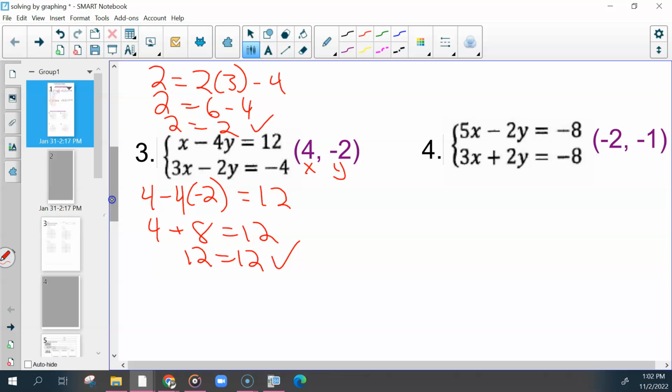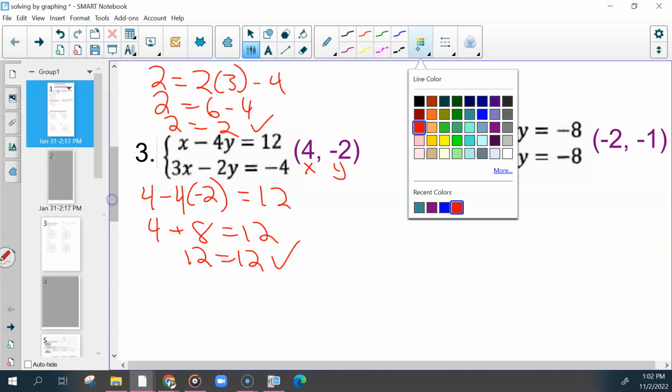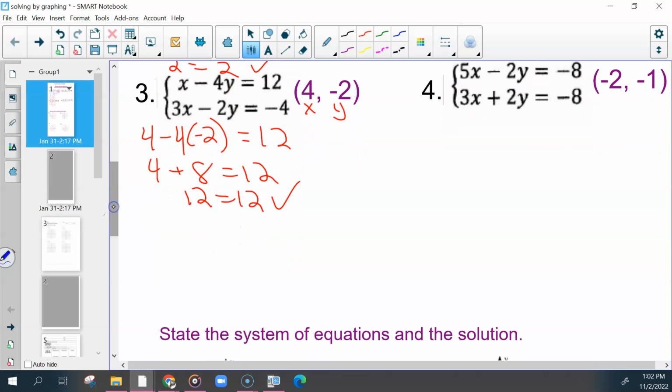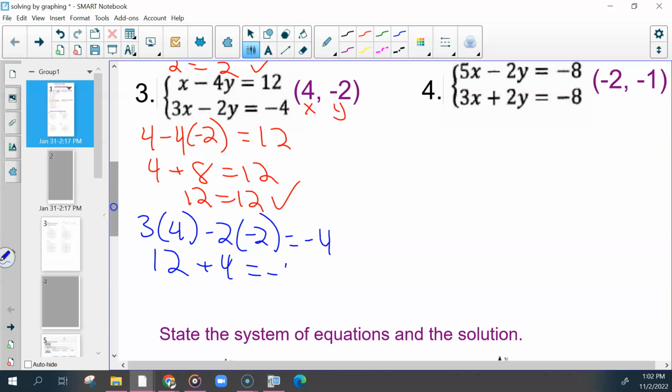And then I'm going to do the next one. But in this case, we're going to get 12. This is going to become a positive 4. And this becomes 16, which does not equal negative 4. So one works, one doesn't.